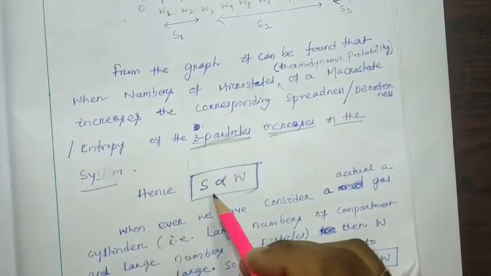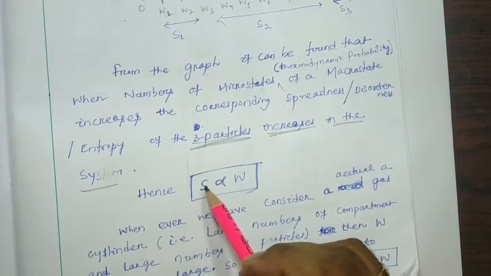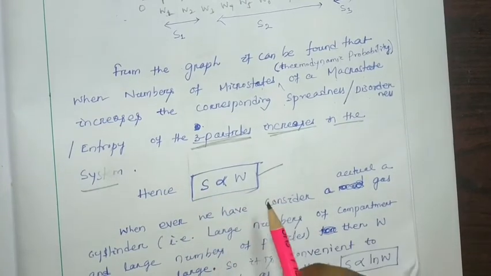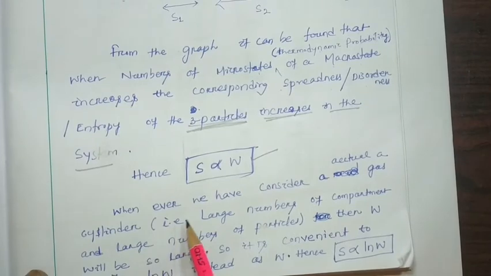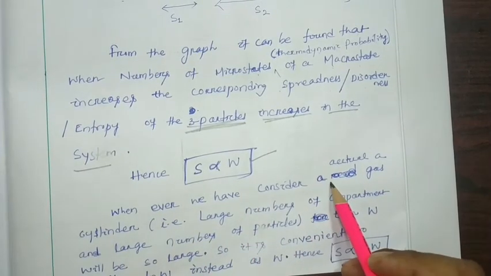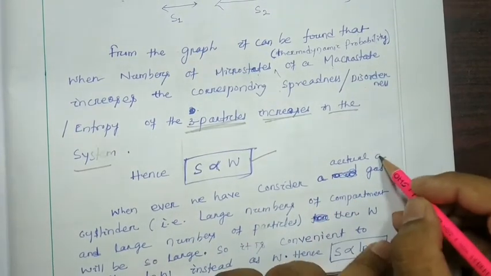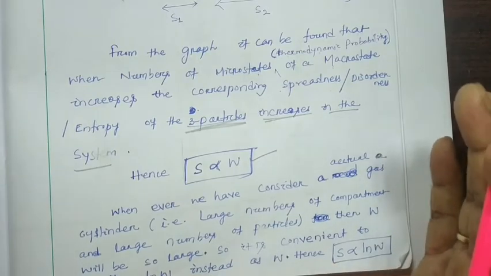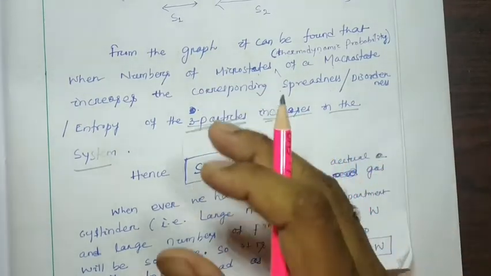Hence S, the entropy, is proportional to W. So whenever we consider an actual gas, suppose we consider only three particles.